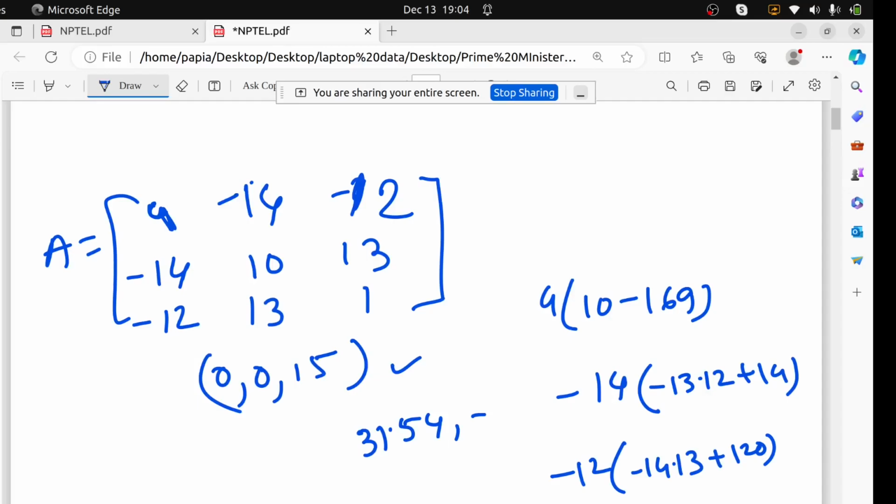Then this one will be plus 14, but when I mean plus b, and that b is minus 14. So minus 14 is there. Then 13 into minus 12. So minus something. Then minus plus 14. Obviously, it is different from different perspectives. Okay, but the answer should be same. Just check your answer, it should be same as mine. Then minus into 13 plus this. This should be the determinant.